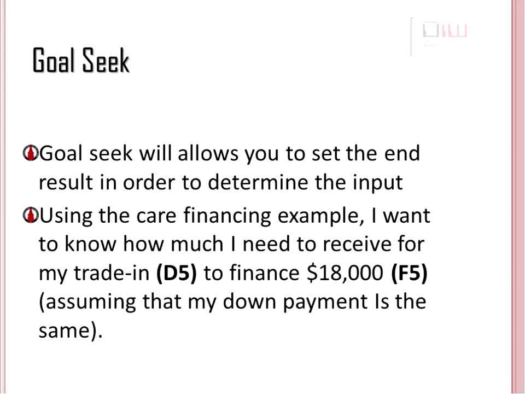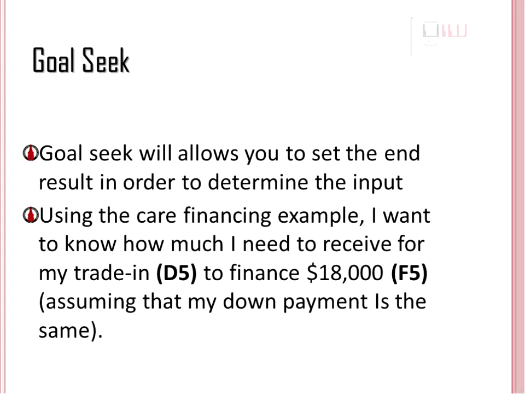The goal seek function, though, is very cool in that you can use goal seek to say, for example, if you wanted to finance a car for 5 years, but you only wanted your payment to be $200 a month, then you could figure out either A, what you need to get for your trade-in, or B, how much more you need for down payment to get that payment right.